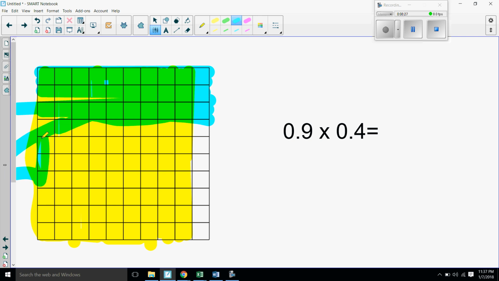I don't know what I was doing there. We'll undo that one. 2, 3. There we go. We got our 4th right here. So clean it up a little bit for you guys. All right, there we go.